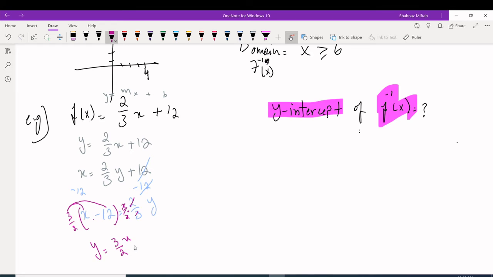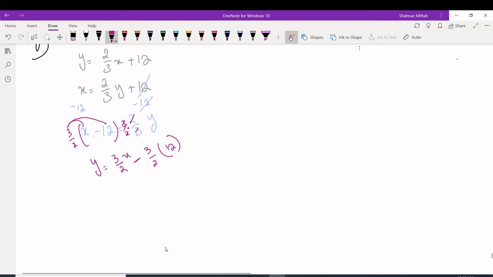So I'm going to multiply this, minus 3 halves in 12. Now I simplify this. That's going to give me 18. Now I have y equal 3/2 x minus 18.